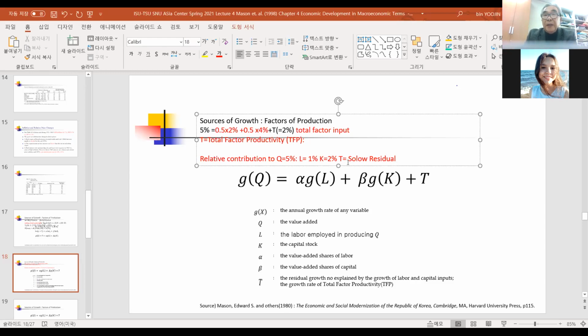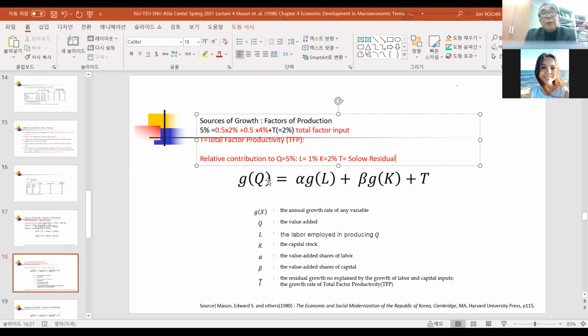He defined explicitly this as total factor productivity or technology factor, usually unobservable. You see, this needs to be estimated from growth accounting. We don't have data for T. So that's why we define that as the Solow residual.